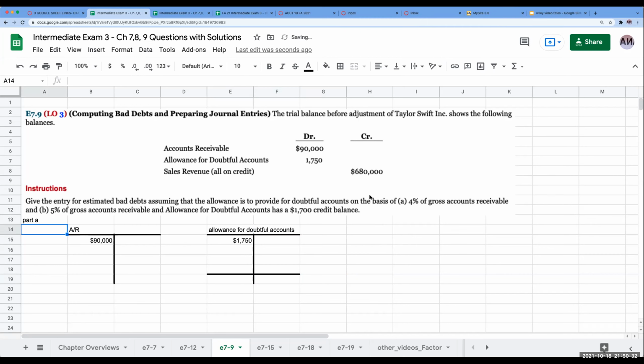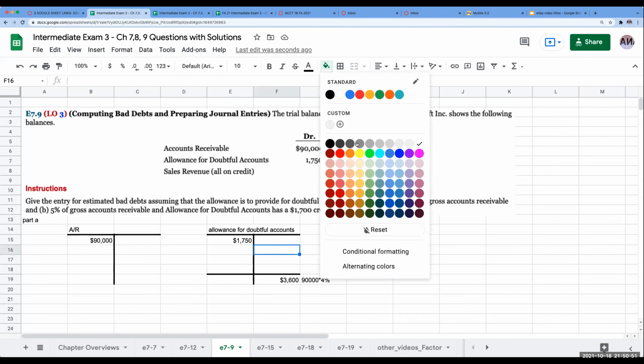it's telling us that 4% of accounts receivable should be this ending balance. So we take 90,000 times 4%, and we get 3,600. It now becomes a math game, right?